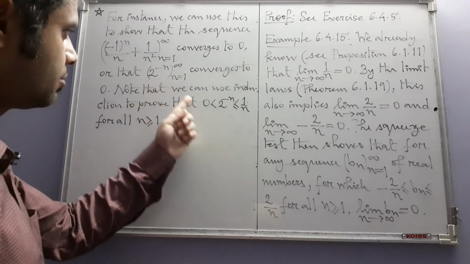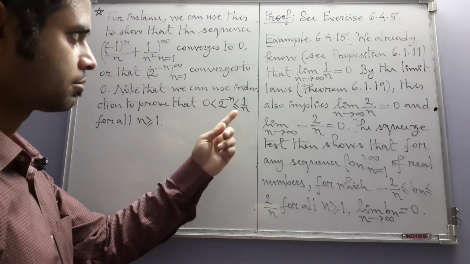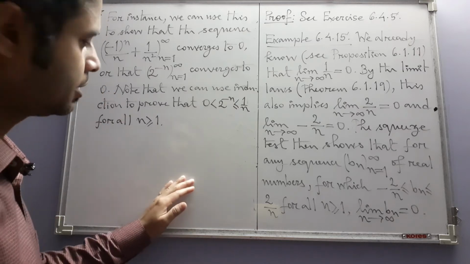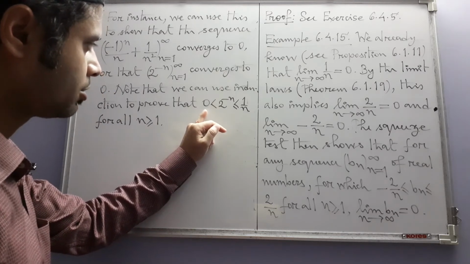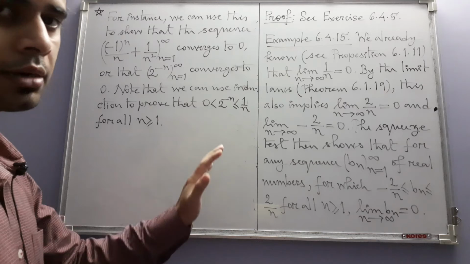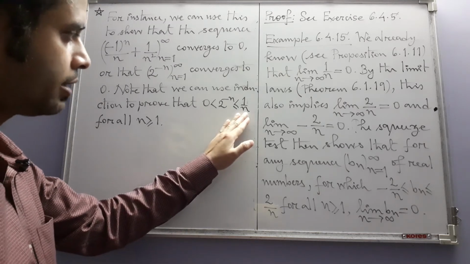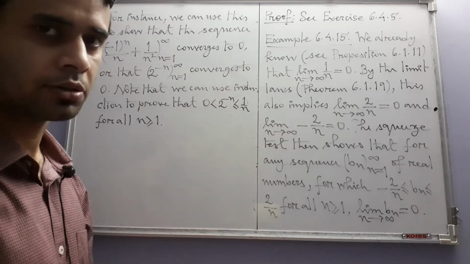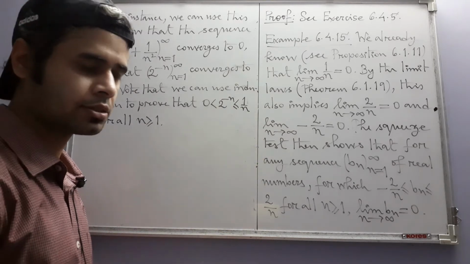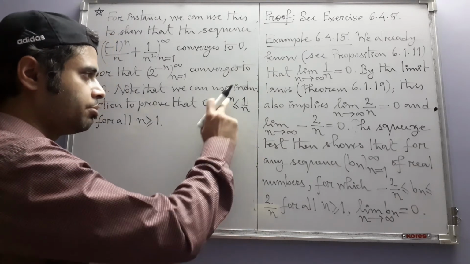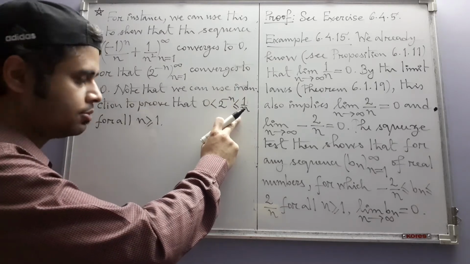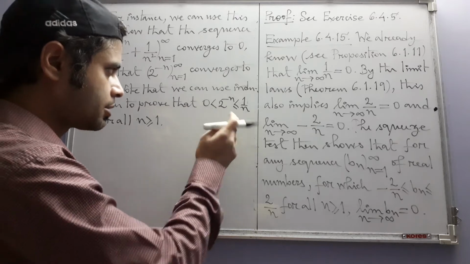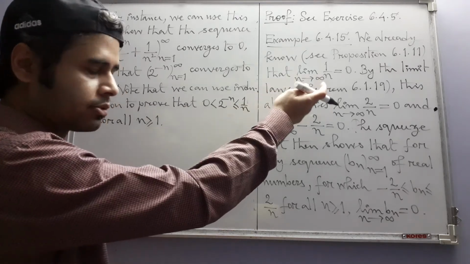So for this sequence, the left hand side sequence, the sequence an can be taken as the constant sequence 0. All of those terms are equal to 0. And the right hand side sequence cn can be taken as the sequence 1 over n, the sequence of reciprocals of positive integers. 2 to the power minus n is trapped in between these two, and this of course converges to 0 because it's the constant sequence, and this we already know converges to 0.